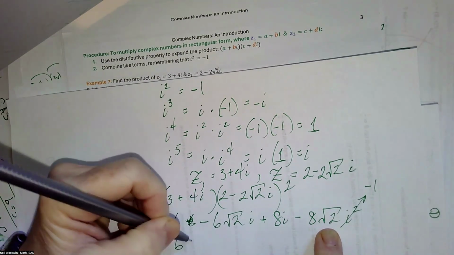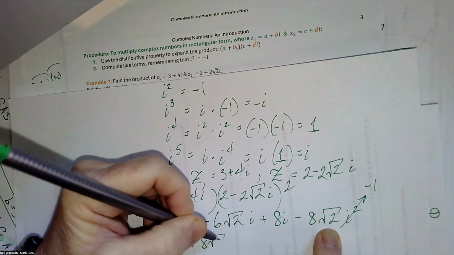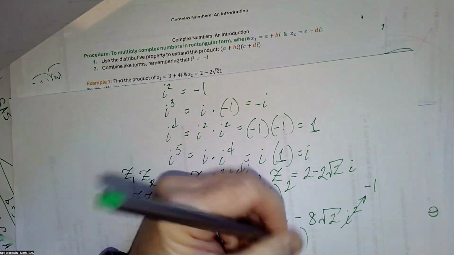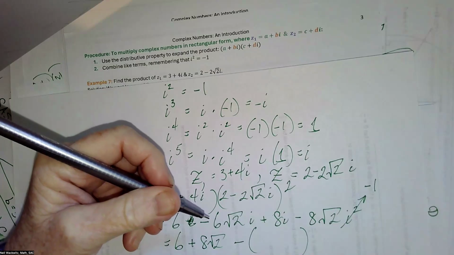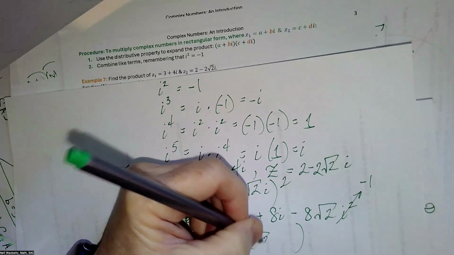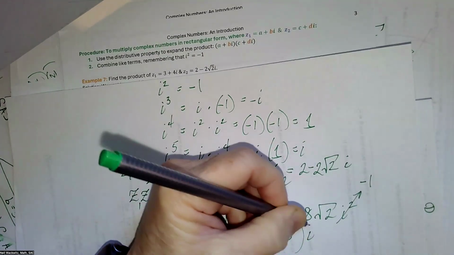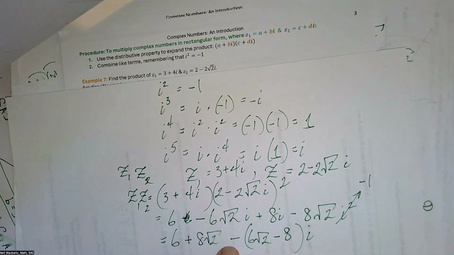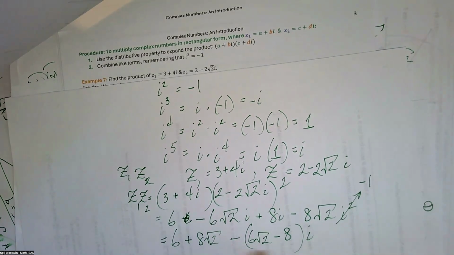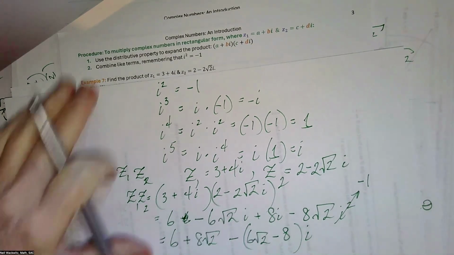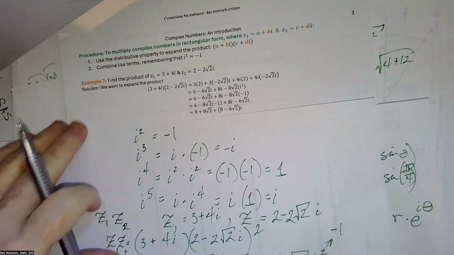So we have 6 plus 8 square root of 2 minus, and let's just write these two i terms together, 6 square root of 2 minus 8i. And I have a minus here in front because I put a negative in front of these parentheses. So it's possible to find the product. It's not beautiful, but that's okay.